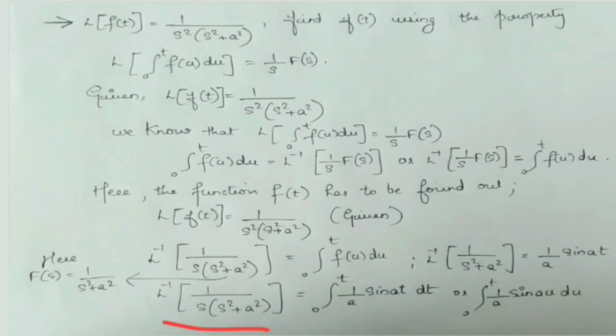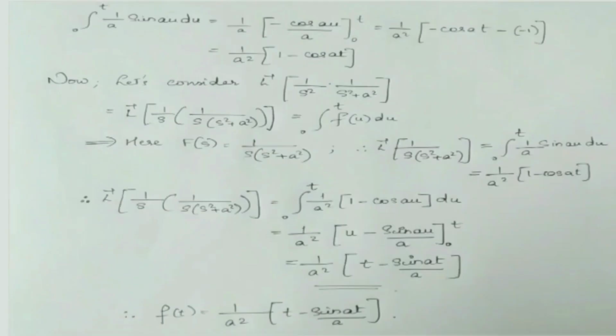Here f of t is 1 by a sin at, which is the Laplace inverse of 1 by s square plus a square, which is equal to integral 0 to t 1 by a sin au du. Therefore, integral 0 to t 1 by a sin au du is equal to 1 by a into minus cos au by a, that is the integral of sin au within the limits 0 to t.